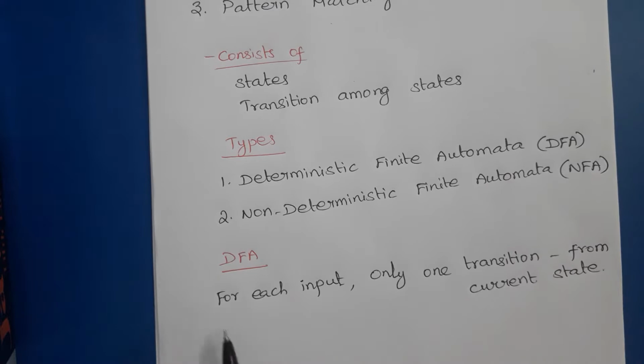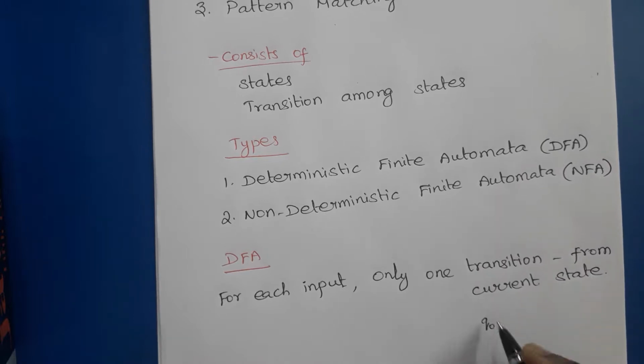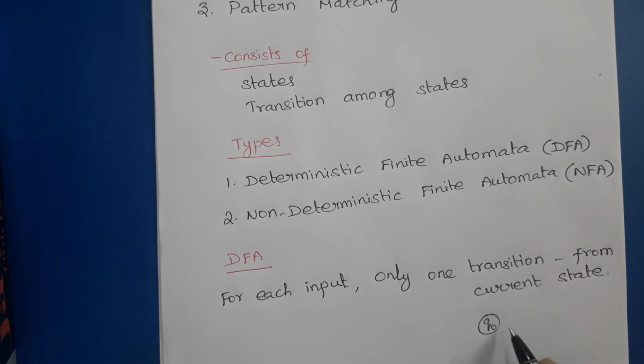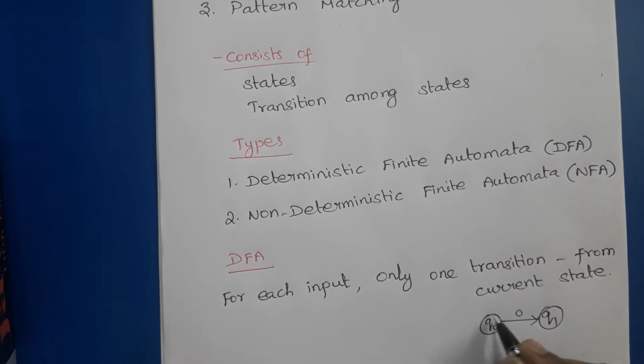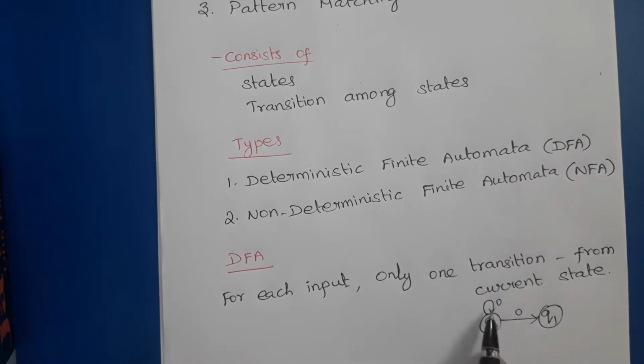DFA means for each input, only one transition is possible from the current state. For example, from state Q0 with input symbol 0, it may go to Q1 or Q0, but both transitions like this are not possible. This is not possible in DFA because from the state Q0, 0 goes to both Q0 and Q1.